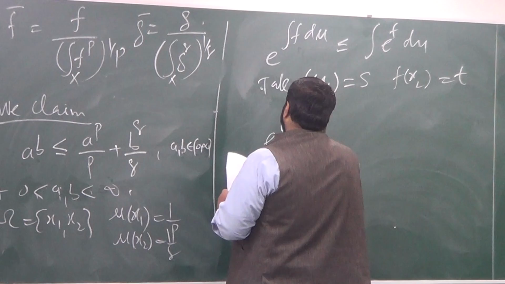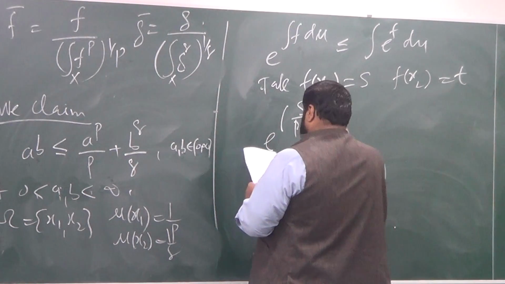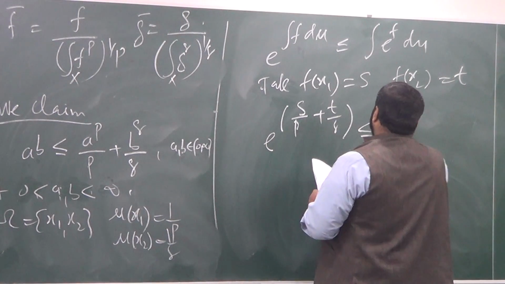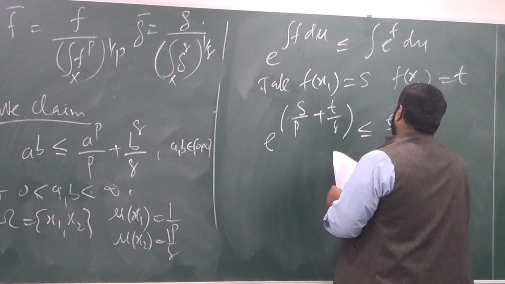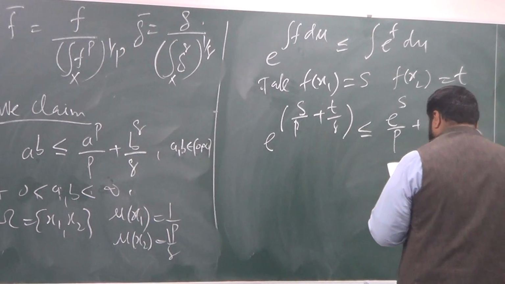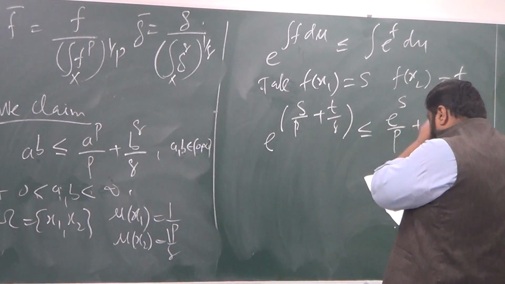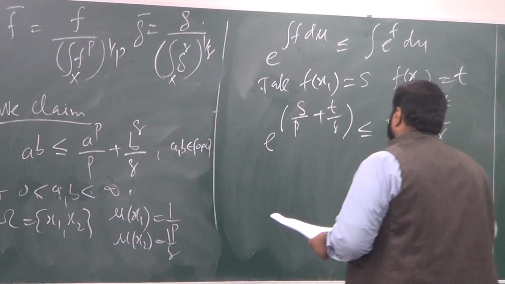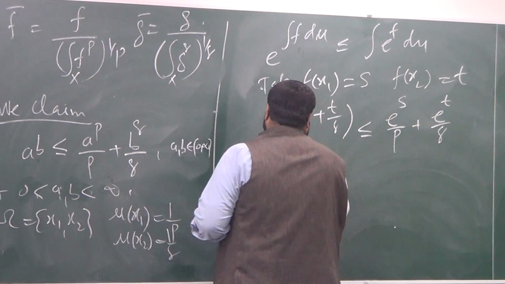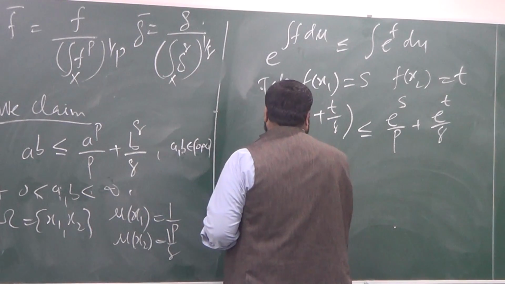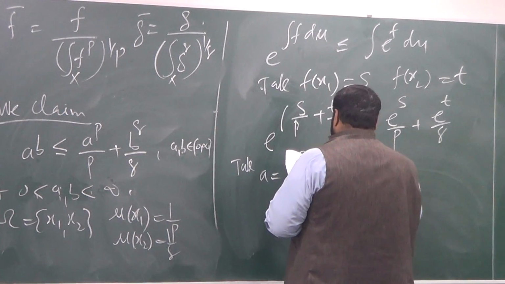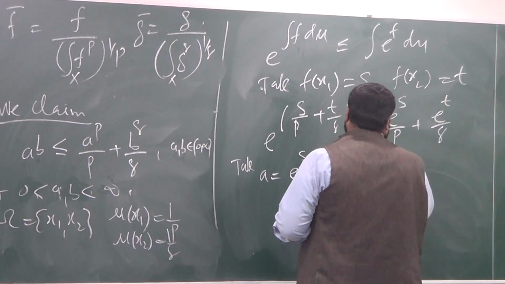This is going to be s over p plus t over q, and this is less than or equal to e to the s over p plus e to the t over q. And take a to be e to the s over p and take b to be e to the t over q.